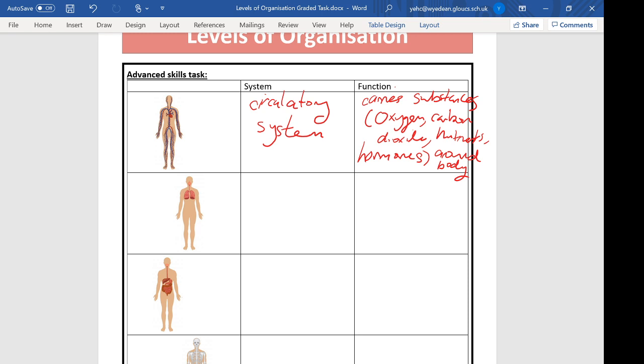So you don't have to worry about listing every single example, but just be aware that if you just said carries oxygen around the body, it wouldn't be a clear enough answer, because it's only one small part of what the circulatory system does.